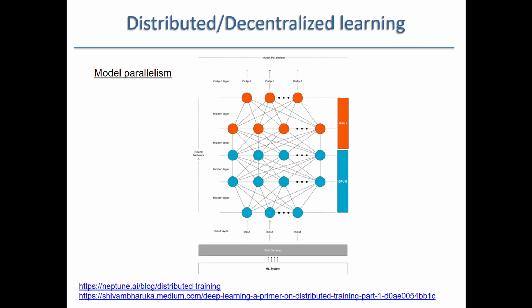The other possibility is to parallelize at the level of model. So at the level of model, we would have a GPU or a worker that is taking care of a part of the model, while the other worker is taking care of the other part of the model. So the different workers specialize in different regions of the network.